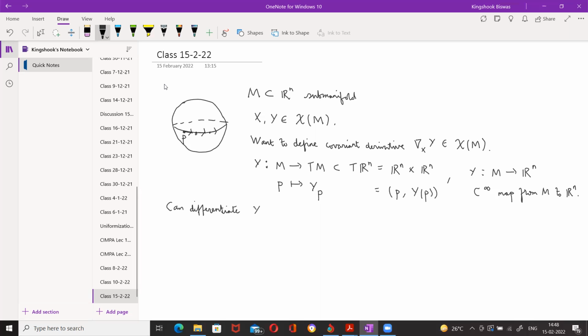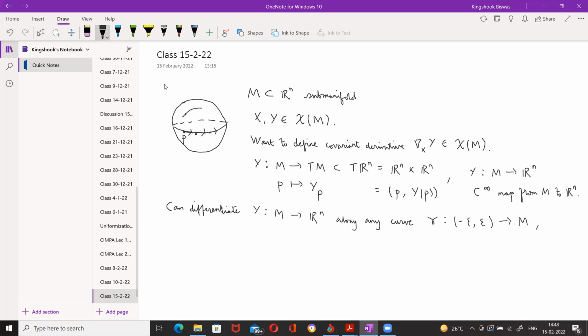So we can differentiate Y from M to Rn along any curve, let's say gamma from minus epsilon, epsilon to M. Here I can take any curve gamma.